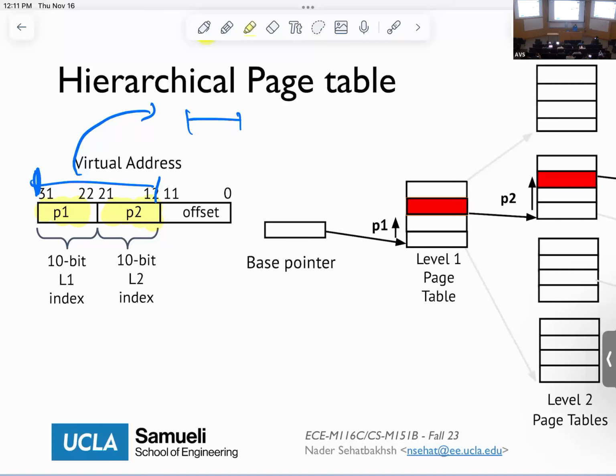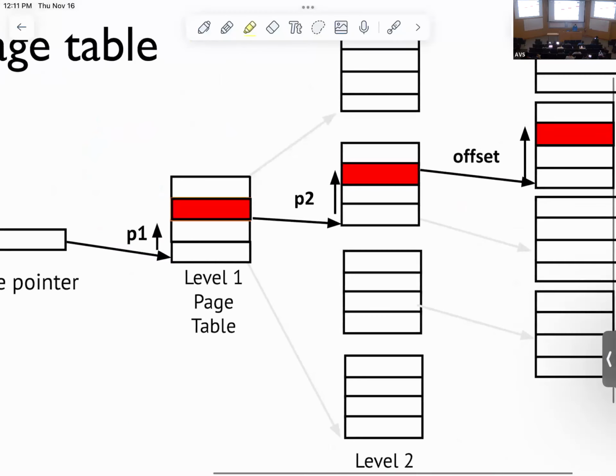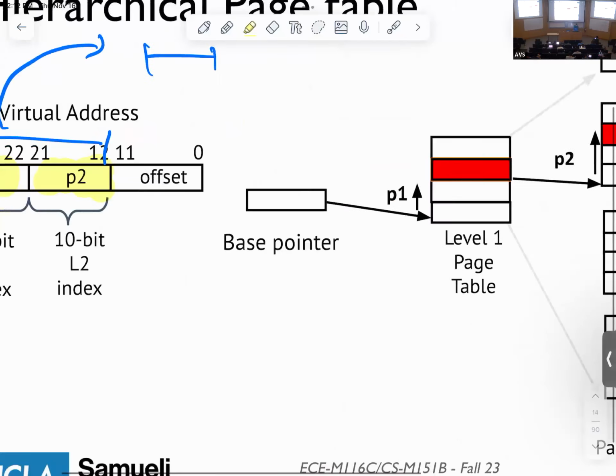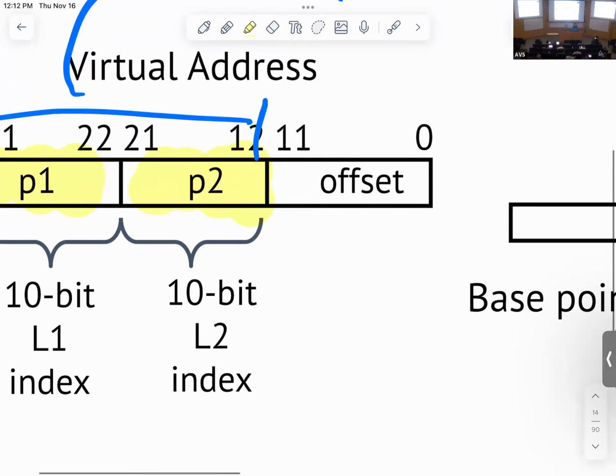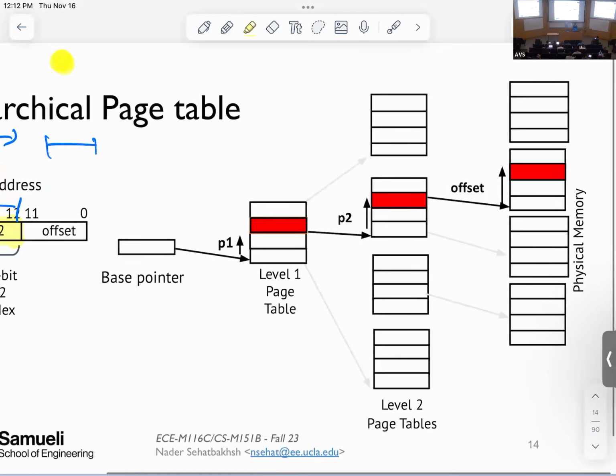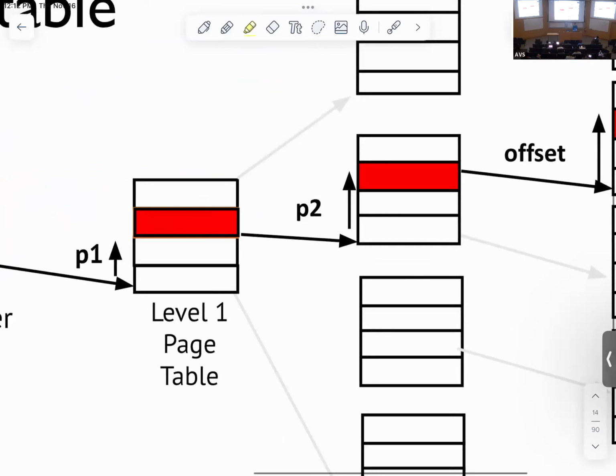So what I'm going to store here is the content. Let's say, for example, the content is that red rectangle. That red rectangle is pointing to the base of the next level table. Then from there, we use the second portion of the address, P2, as an offset to this base in order to find the second red rectangle.